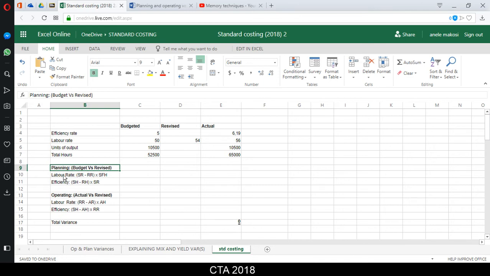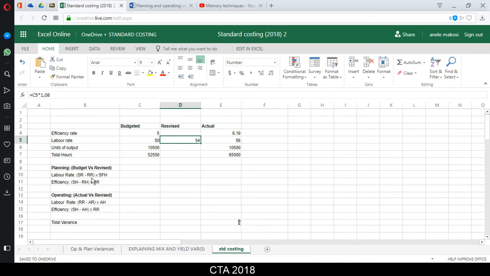Now coming to the labor rate, when we calculate the planning variance, we look at the budget and the revised budget. Looking at this table, the budgeted rate was 50, but the revised rate now is 54. So I will compare these two.